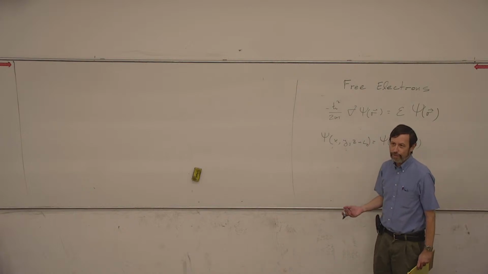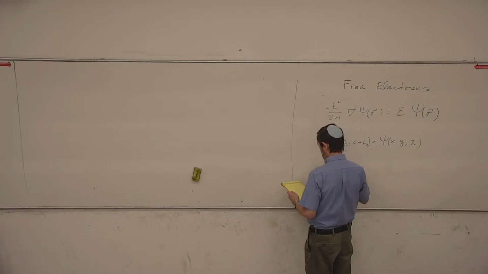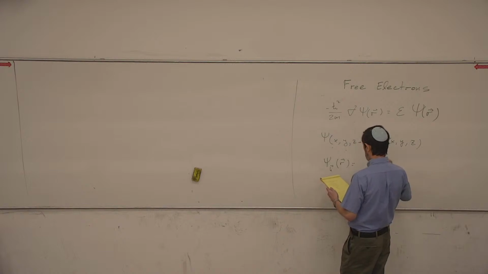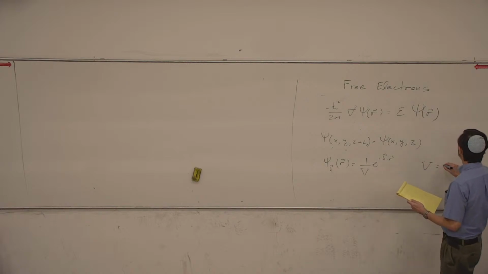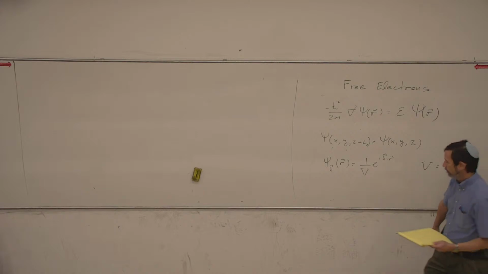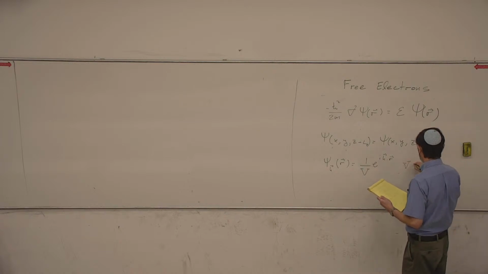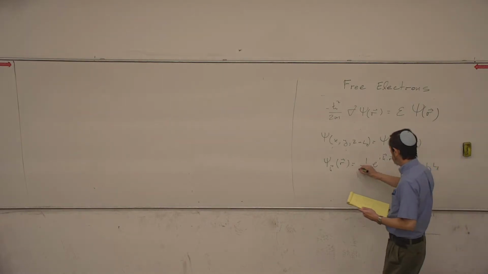Okay, we know the solution, we have seen it. So V is the volume, square root, of course.